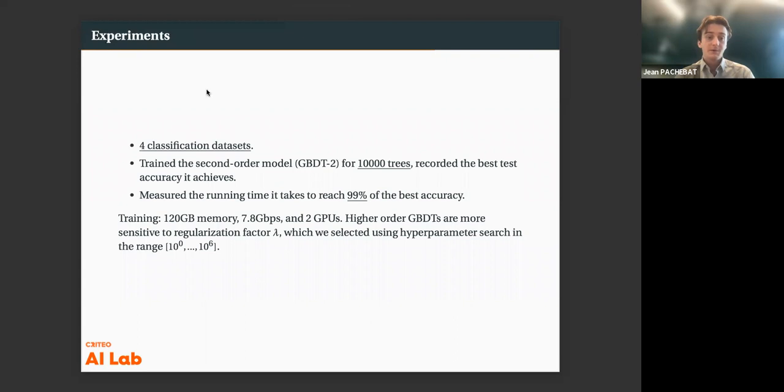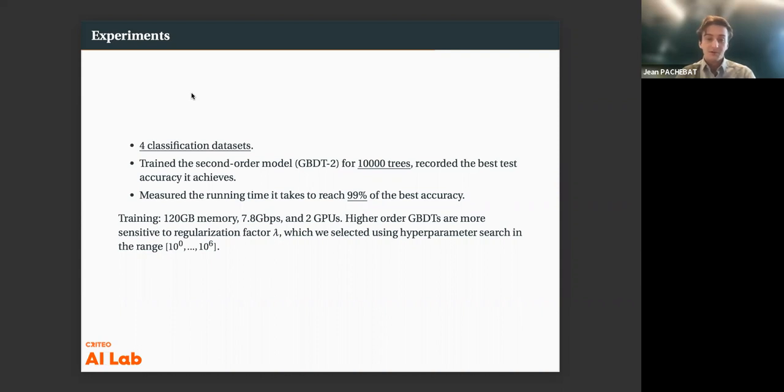Regarding the experiments, after implementation, we used 4 classification datasets. We trained the second order model for 10,000 trees, recorded the best test accuracy it achieves, and measured the running time it takes to reach 99% of the best accuracy that we found for the second order.